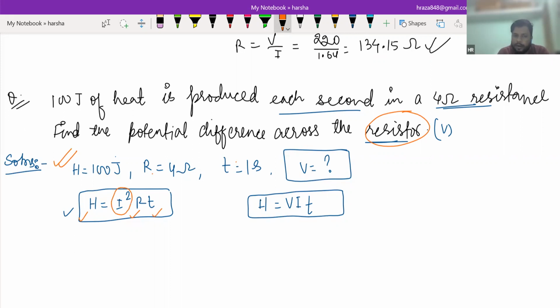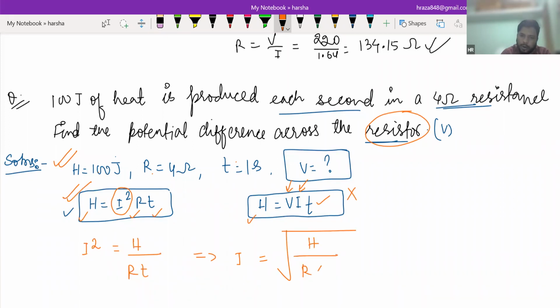If you go here, H is given, T is given, I is not given, V is not given. So this cannot be applied. We will be given everything except one, which we need to calculate. So I am going to apply this formula for I. We can write I square will be equal to H upon RT, and we can also write I will be equal to under root of H upon RT.